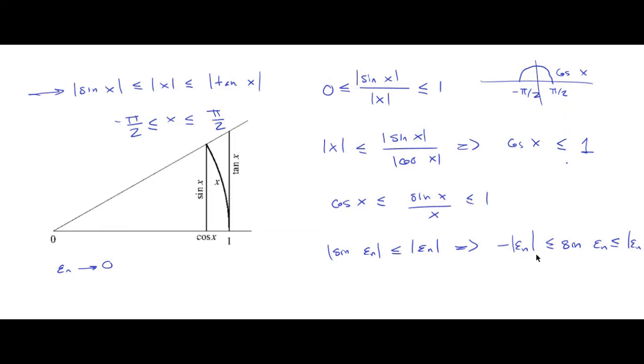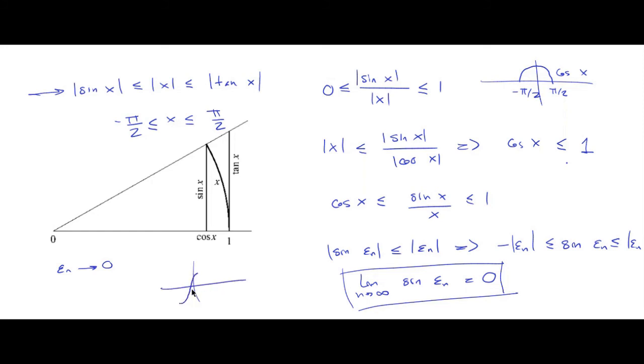Well, if now we take limits on both sides, the limit of this is 0, the limit of this is 0. So applying the sandwich theorem, the limit of the sine of epsilon sub n is 0, which is something we knew, because the sine is this function that when its argument gets closer to 0, it's also getting closer to 0, right?